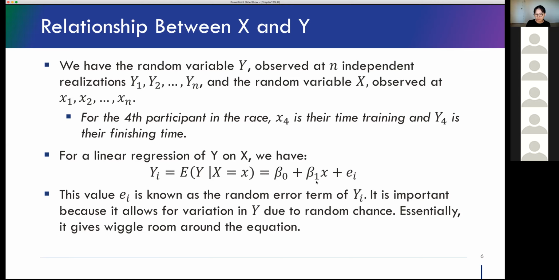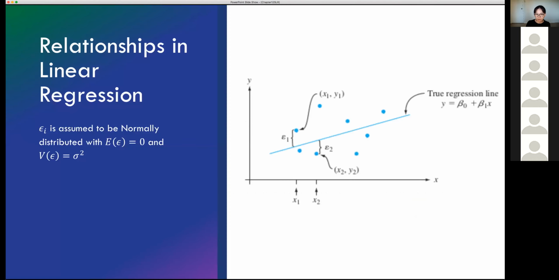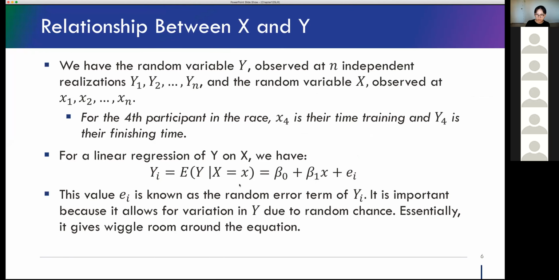So this equation is actually a line. You will see that here. This regression line, this straight line, is beta 0 plus beta 1 times x. And the error, this Ei, well, I put epsilon i here. I should change this to epsilon i.